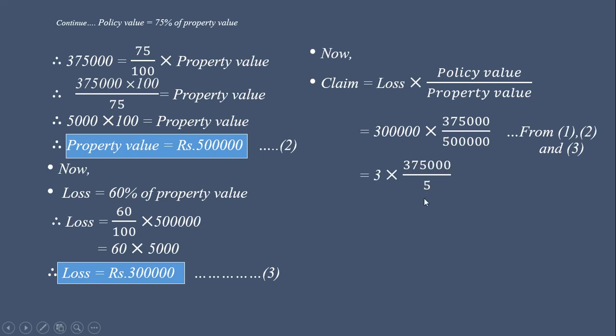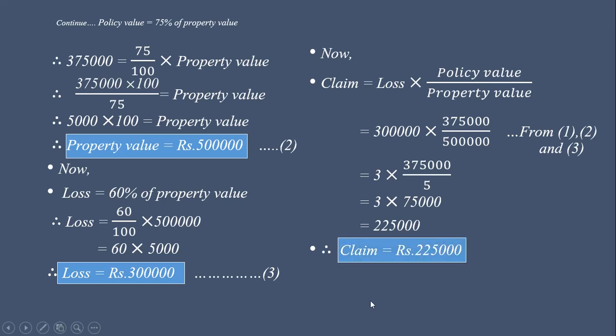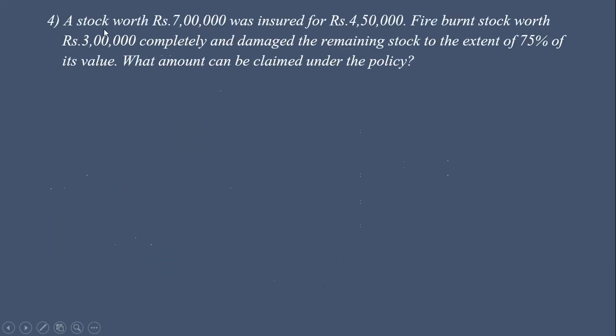Now this division gives 3 into 75,000. It is equal to 2,25,000. So we get claim is equal to rupees 2,25,000. Now in this example we use this formula, claim is equal to loss into policy value upon property value. Okay. One more example now.